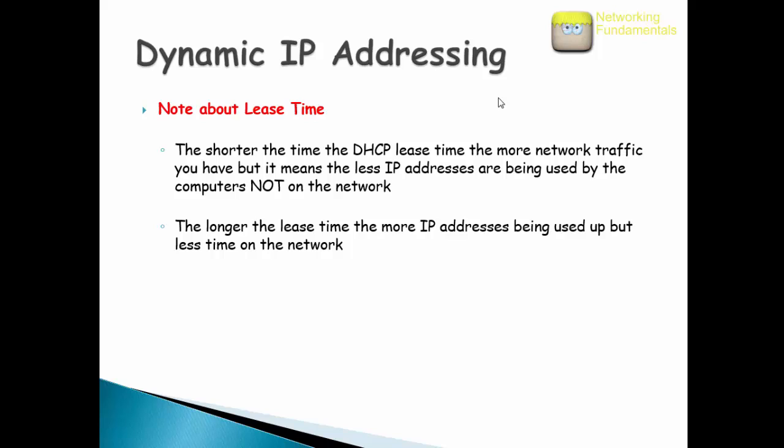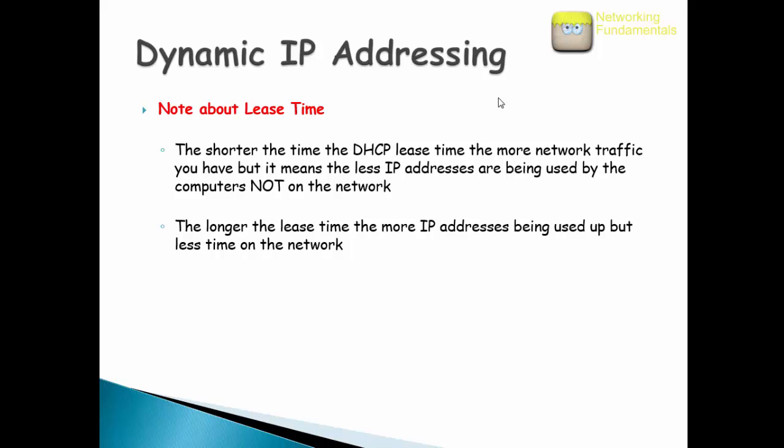So say for argument's sake, in this building there might be 100 computers. Every one of them has a one day lease time. Then you can imagine there's a lot of IP renewing or IP addresses being given out every day. Whereas if it was for a week, and say maybe only 70% of the computers are turned on for the 7 days, then all the computers that are not turned on still have their IP address.